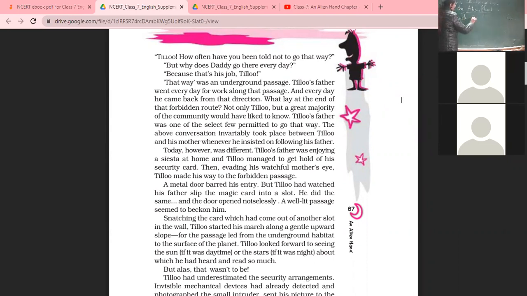Tilu's father was having that short nap after taking his food. And Tilu managed to get hold of his security card.